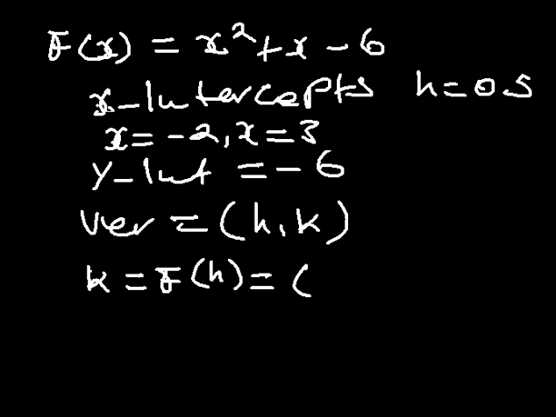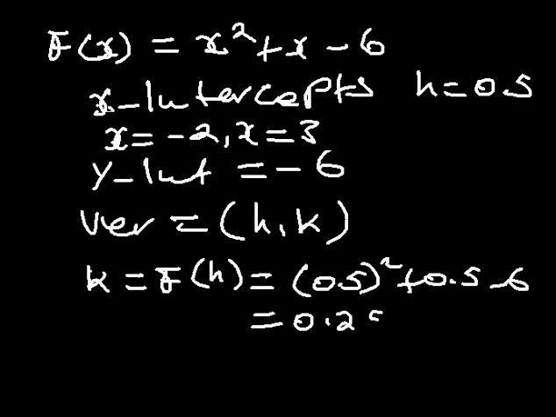So we have 0.5 to the power 2, plus 0.5, minus 6. Then 0.5 to the power 2 should be 0.25.